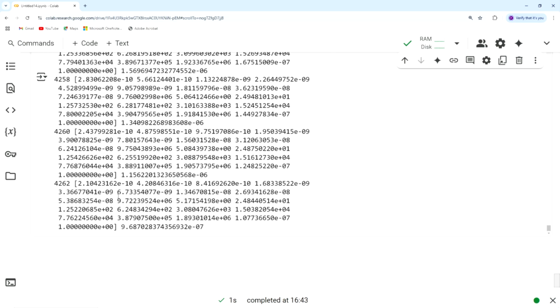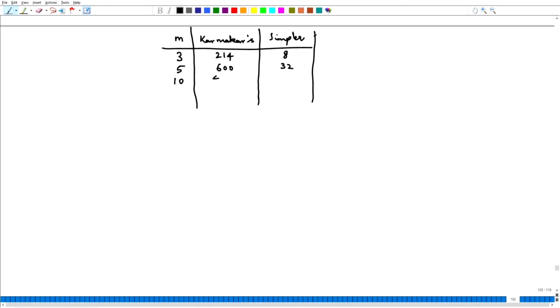That is expected, it is about 5 power 10, so it is expected to be very high. But it has taken 4262 iterations, while the simplex algorithm will take 2 power 10, which is 1024. So still simplex is performing better.